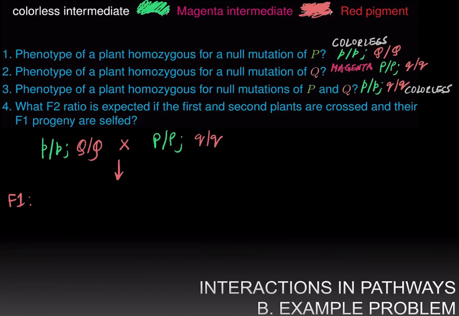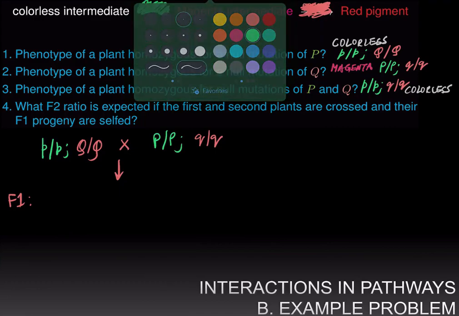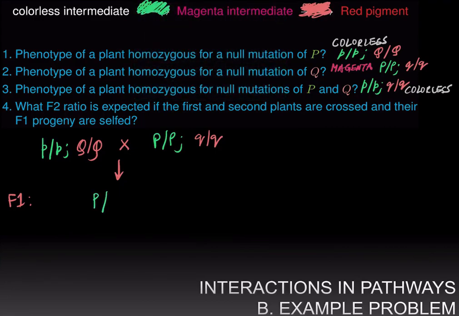In the F1, we will get a dihybrid individual who will be big P, little p, and big Q, little q.